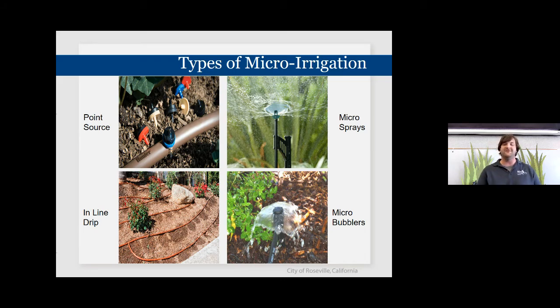Micro bubblers might work for a young tree, but when your tree starts to get older, something like inline drip is going to work a lot better, like in a big ring a few feet away from the trunk of the tree. So we don't tend to like these styles of irrigation as much. There are uses for them, but we want to discourage them because almost all their applicable uses can be handled by the ones in the left-hand column.